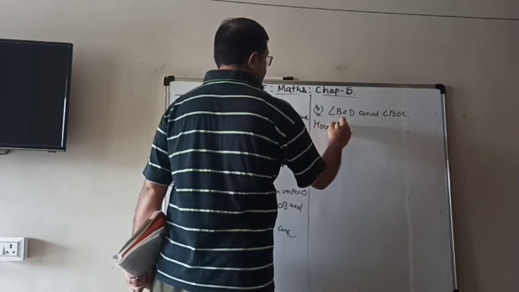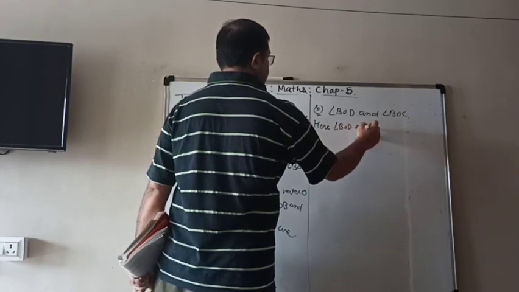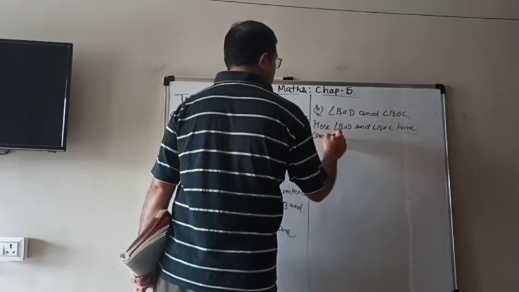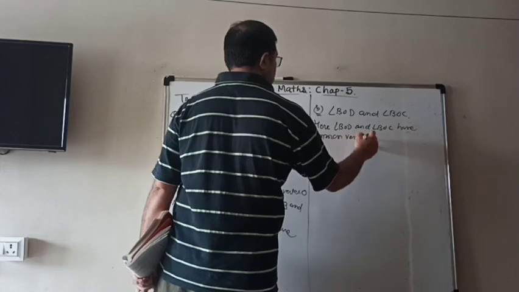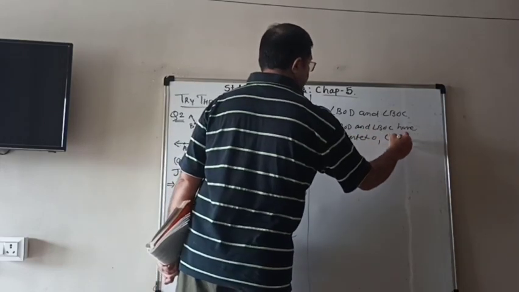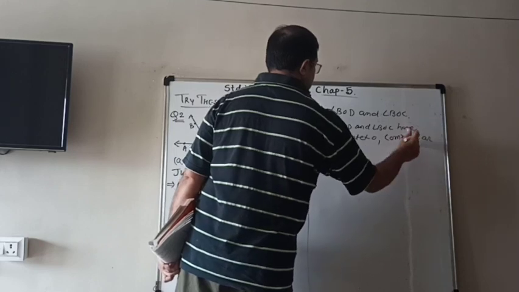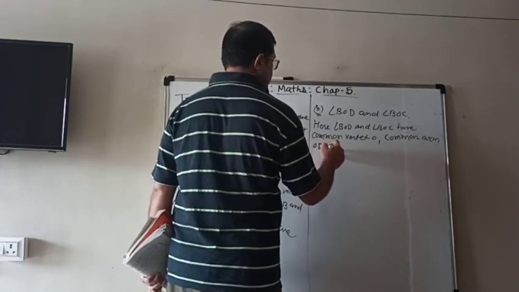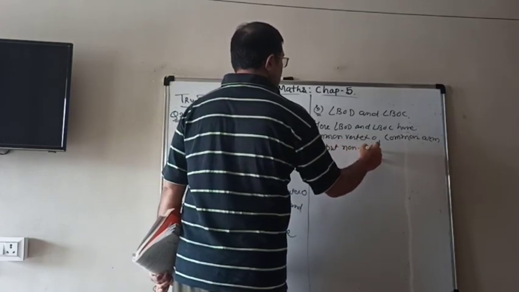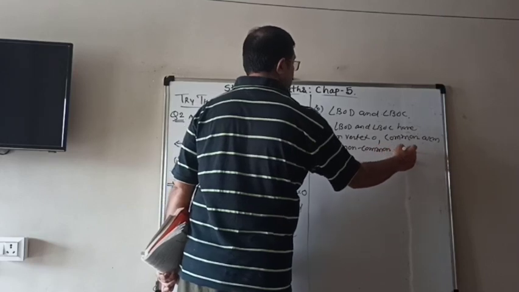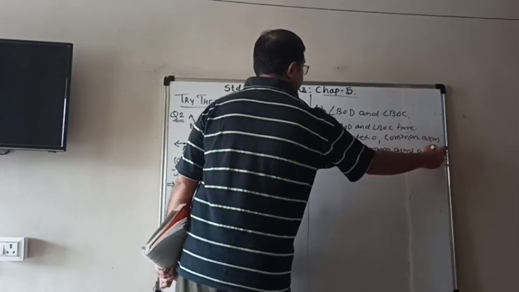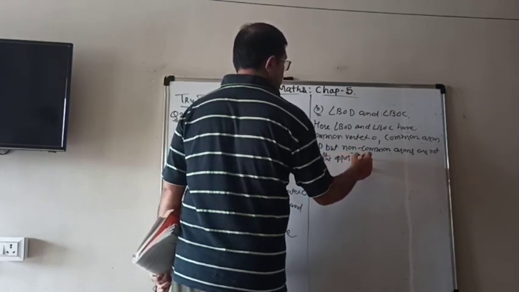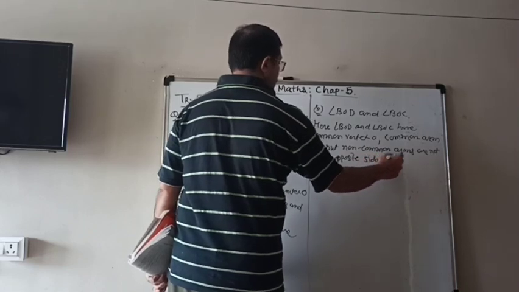So here angle BOD and BOC have common vertex O, common arm OD, but the non-common arms are not on the opposite side of OD.